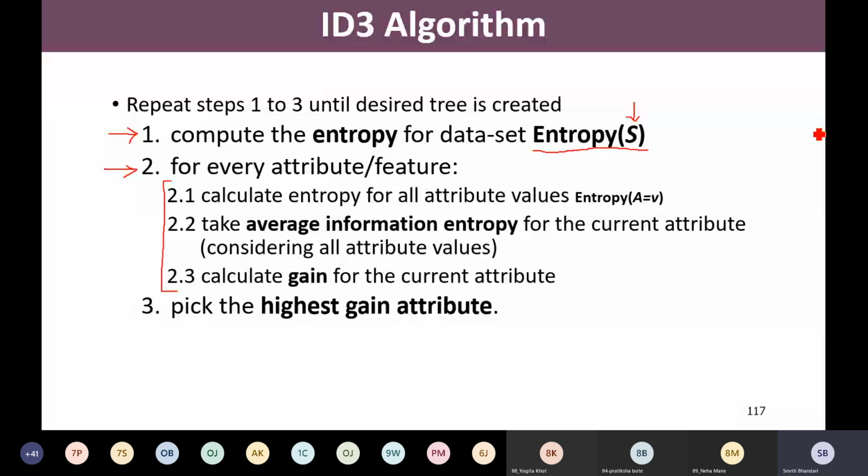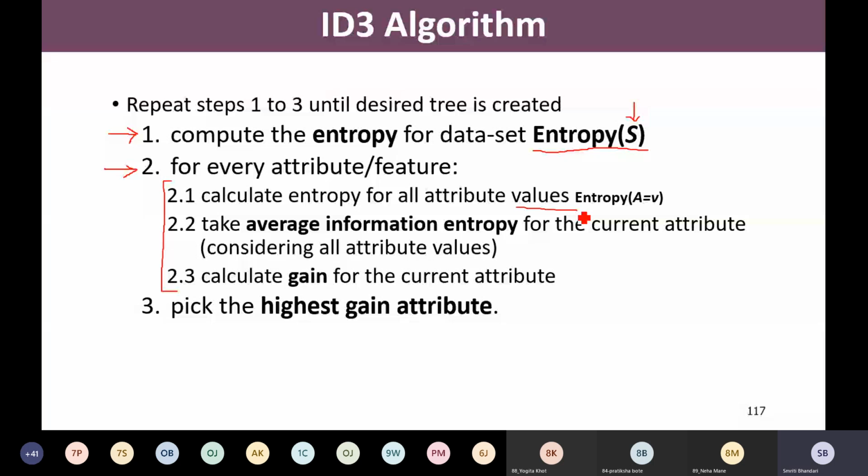For these two possible values, yes and no, we are going to compute the entropy for all attribute values. Entropy for yes and entropy for no also. So for every attribute in our data set, we are going to compute the entropy for all the attribute values.